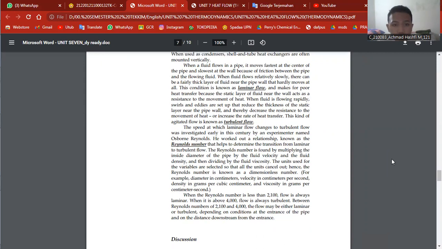Commonly, when a fluid flows in a pipe, it moves fast at the center of the pipe and slowest at the wall because of friction between the pipe and the flowing liquid. When fluid flows relatively slowly, there can be a very thick layer of fluid near the pipe wall that hardly moves at all.